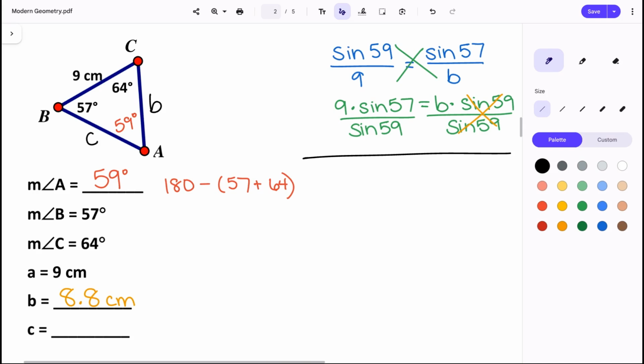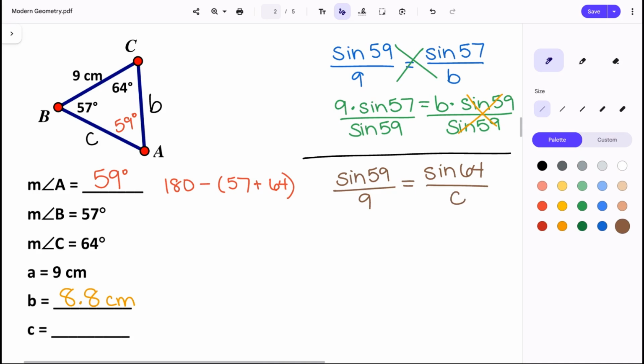All right, somebody else walk me through what you did to find little c. Do you mean sine of 59 over 9? Yeah. Okay, equals what? Sine of 64 over 6.